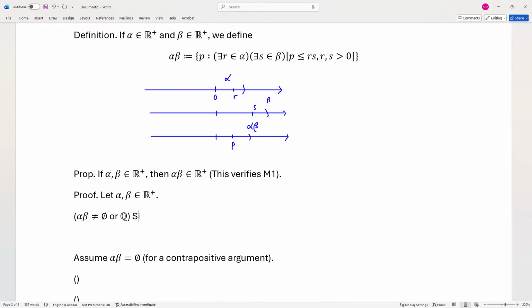But basically, since alpha and beta are positive, there exists a positive rational in it, right? There exists R in alpha, and S is in beta.